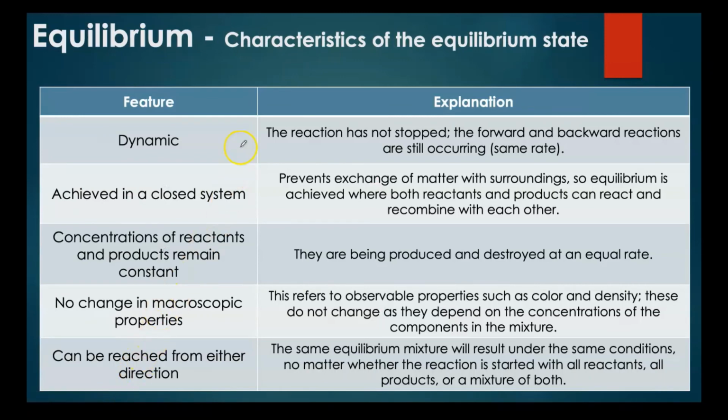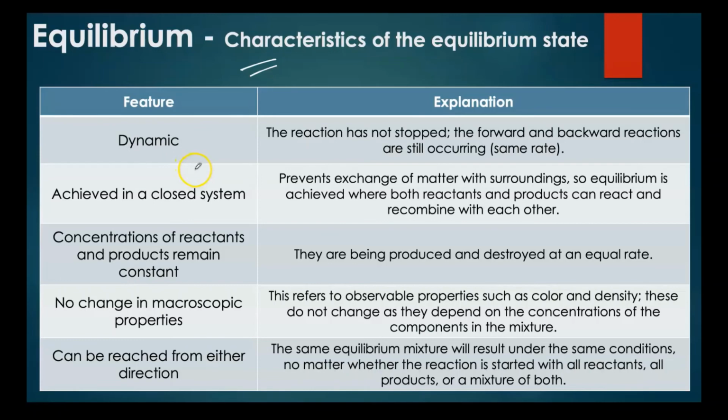Okay, to know whether a reaction is in equilibrium state or not, we need to know the characteristics of the equilibrium state. There are 5 features that the equilibrium state has. The first feature is that it is dynamic. Second one is that it is achieved in a closed system.